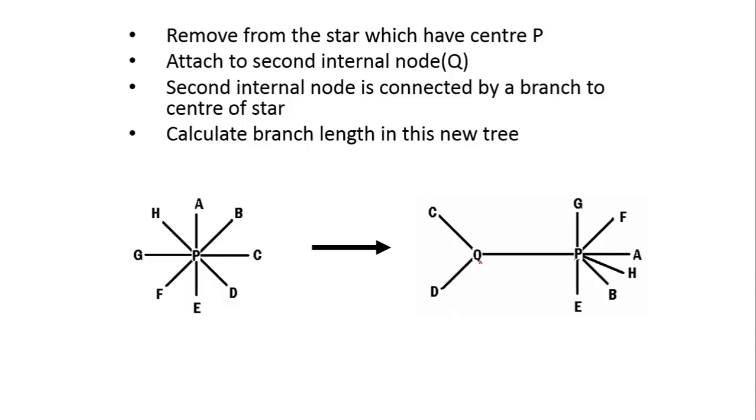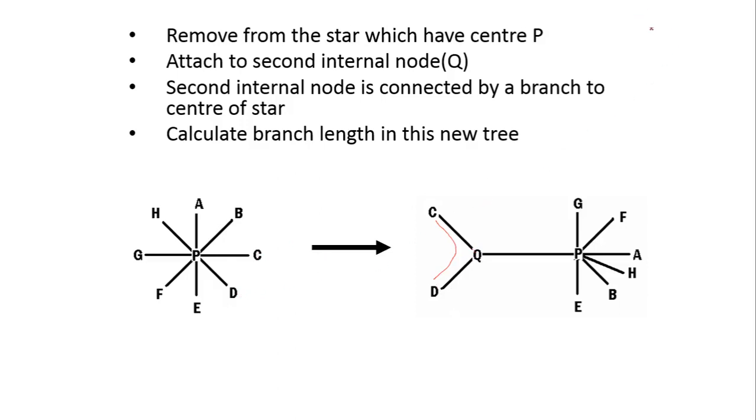Now this second internal node is again connected by a branch to the center of your star. Okay, so next we calculate the branch length of this new tree, which is composed of C, Q and D, right? So randomly we select C and D, and calculate the branch length.